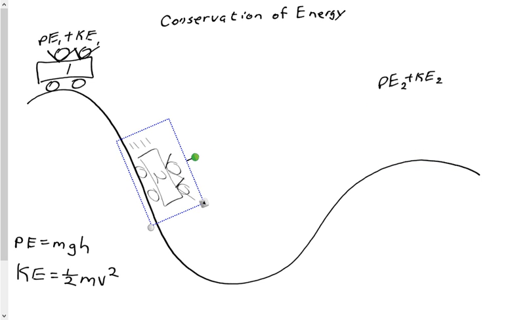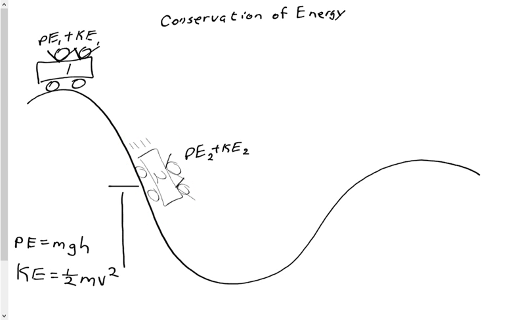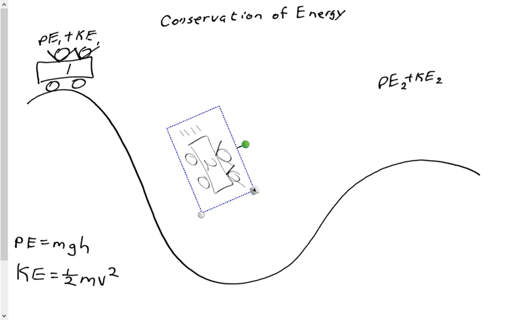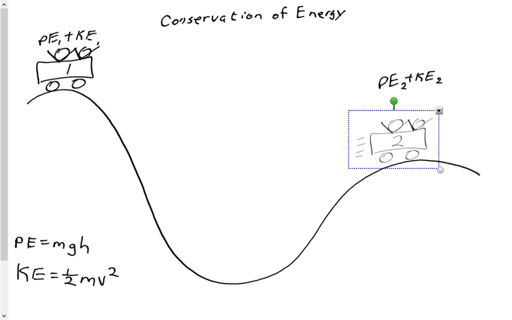At this location, he would have the PE plus KE, so we would just consider whatever the height is at this location, in comparison to the height here. So this would be the height at position 1, this is the height at position 2, and so on. All right, let's put this guy back where he was.